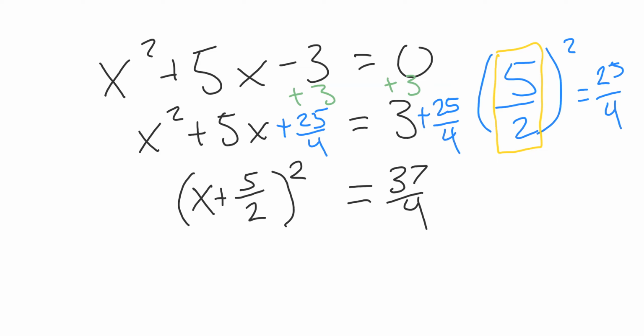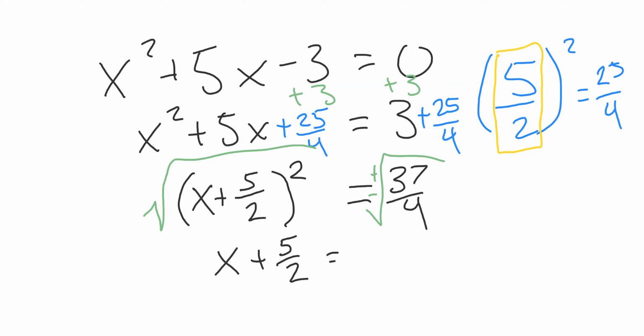Now we take the square root of both sides now that we have completed the square. And remember, anytime you take the square root of a perfect square, get that plus or minus on the other side. So now we have x plus 5 halves equals plus or minus the square root of 37 over 4.